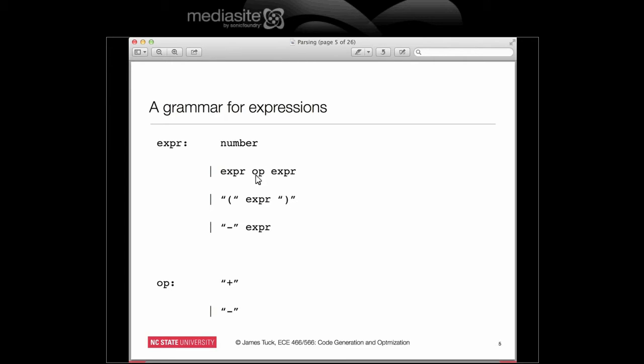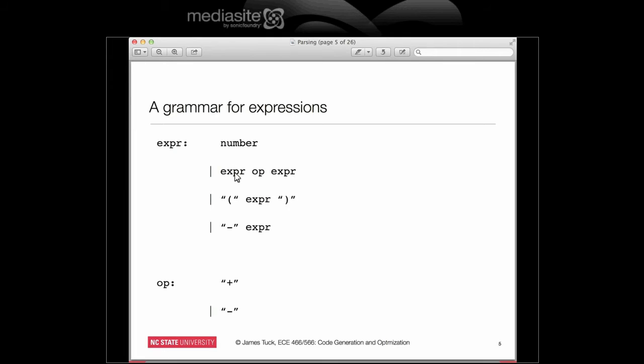Where we have operator, this expands to the rule below, which is either plus or minus. So this could be expression plus expression or expression minus expression. Or an open paren followed by an expression followed by a closed paren, or a minus sign followed by an expression.